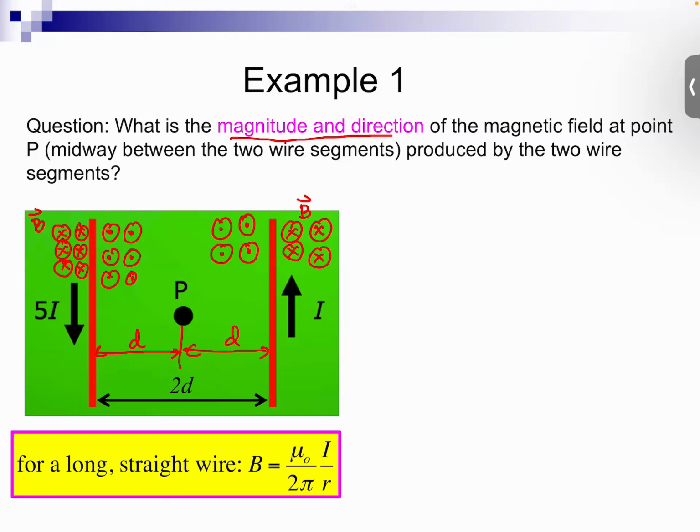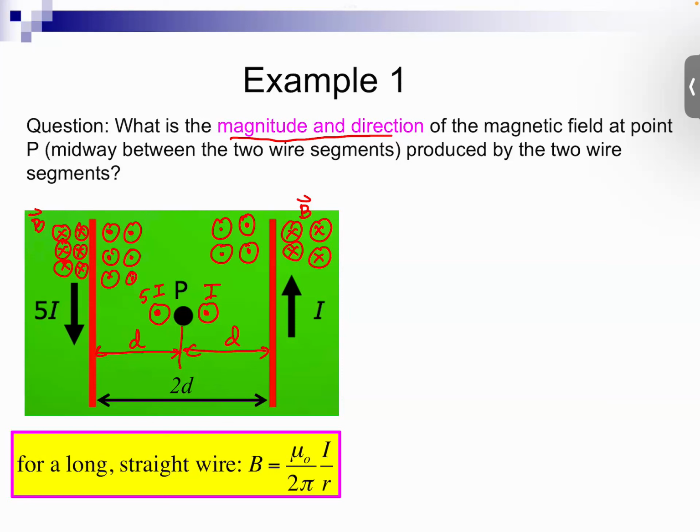So at the position of point P, you have a magnetic field going out of the page because of the 5I current, and you also have a magnetic field going out of the page because of the current I. These magnetic fields, of course, permeate through space. So that's for the directions.